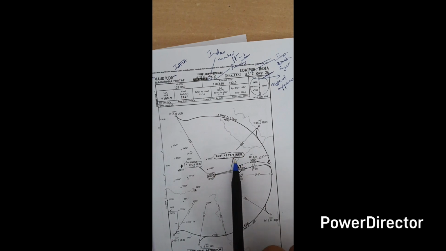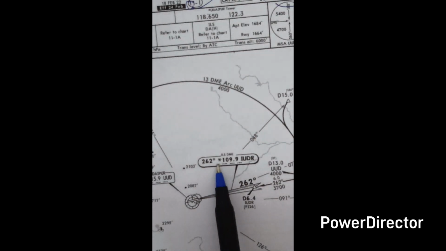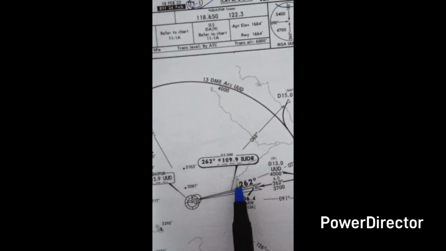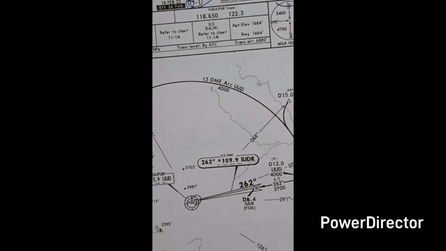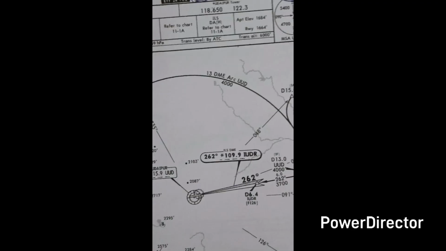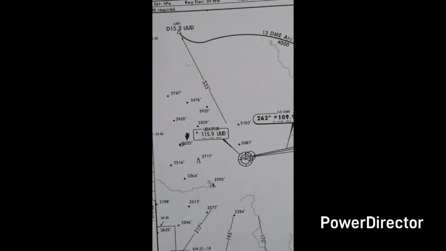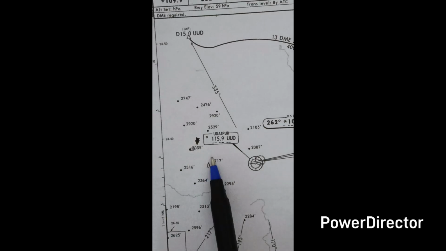Okay, and what are these dots and dashes below that we can see below these numbers? This is basically the Morse code. Okay, the Morse code identifiers for your approach plates. As you can see, India uniform delta Romeo. Now how do we know whether we've tuned into the right frequency or not? How do we know whether we have tuned into the right VOR or not?